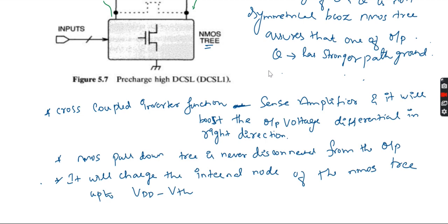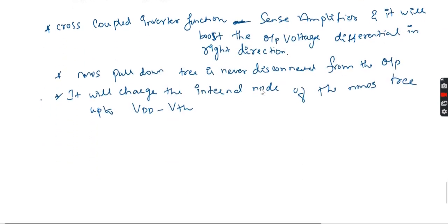So here, in contrast to DCSL, differential current switch logic, the DCSL means differential, right? So the DCSL will charge the internal node to a much smaller voltage.